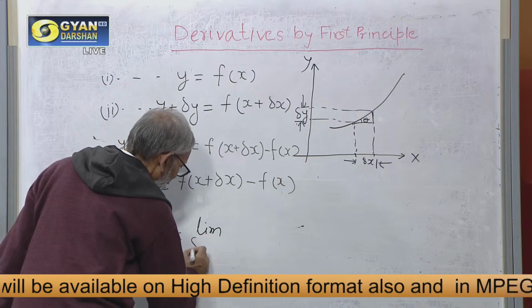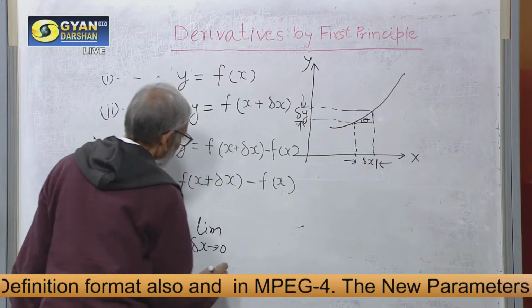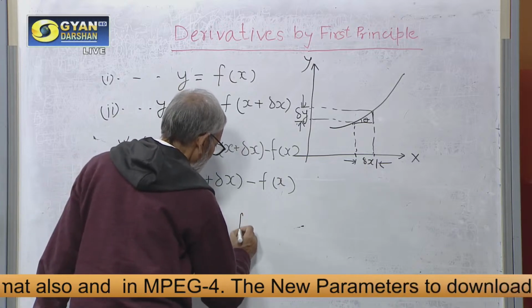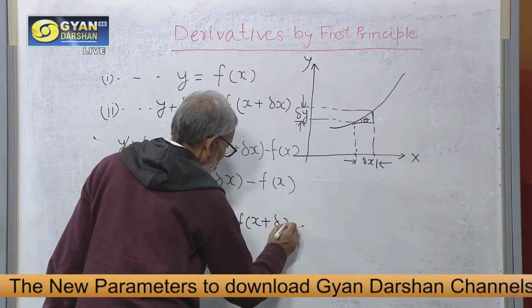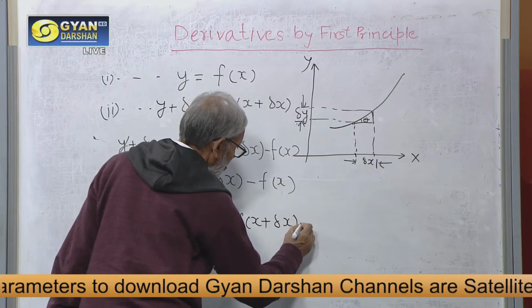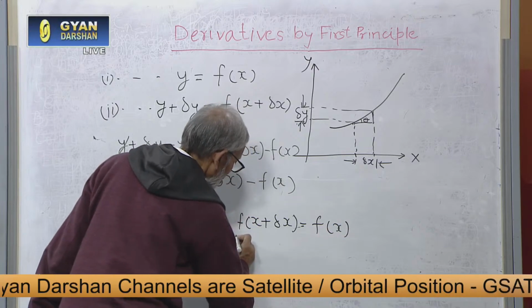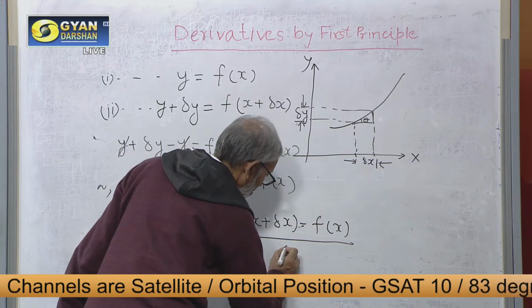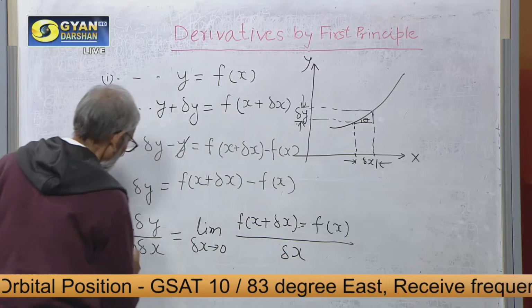The right hand side will become f(x plus delta x) minus f(x) divided by delta x.